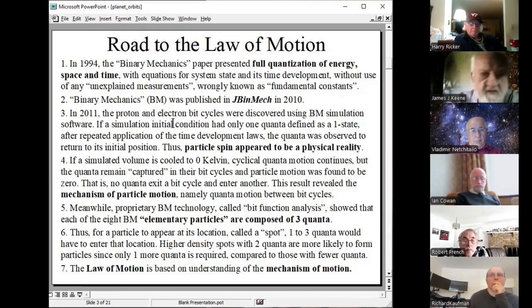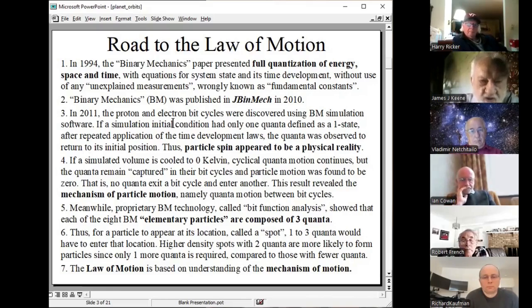If a simulated volume is cooled to 0 Kelvin, well, how can we do that? The nice thing about having a simulation is that all of the one-state quanta that leave the simulated volume, exiting the top, the bottom, the front, the rear, the right, the left, are gone. Eventually, no more quanta are leaving. You're at 0 Kelvin.